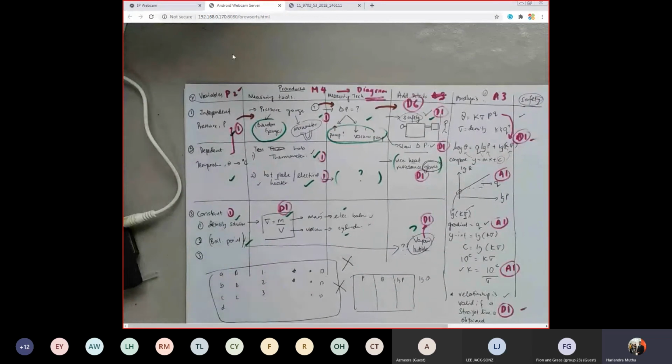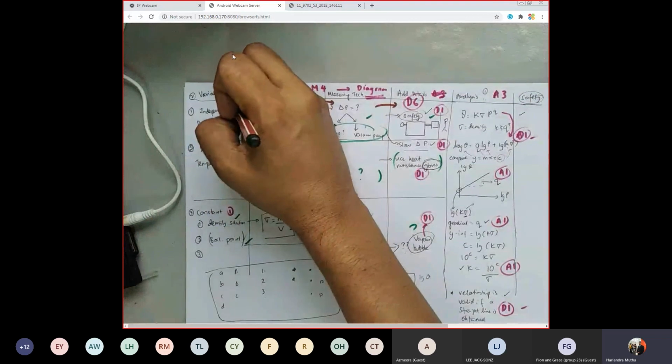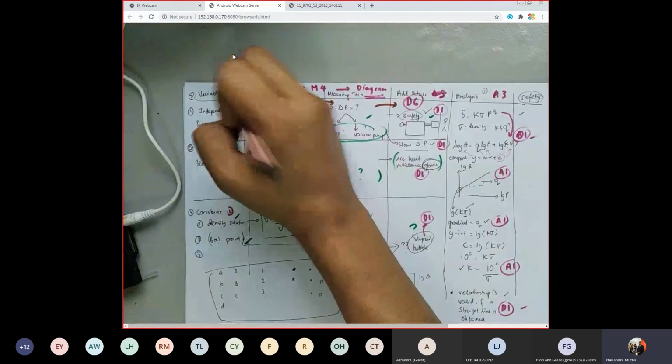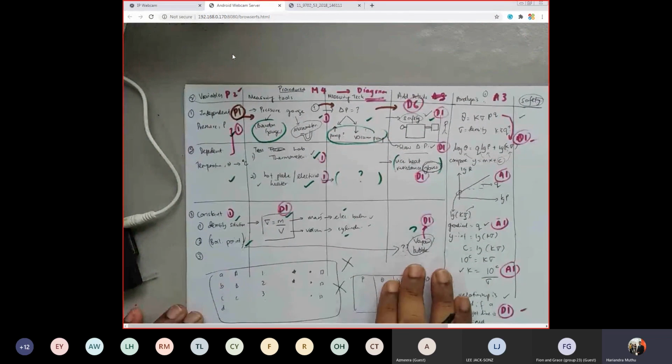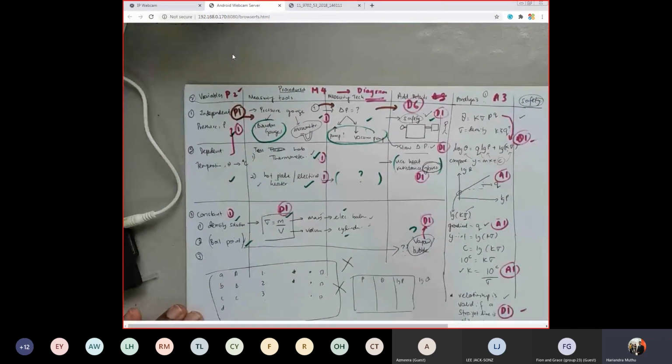They're going to read your sentence, and if that sentence is classified under, say, variable, for example, the independent variable is pressure P, the examiner is going to mark, oh, P1, like that. Okay, and somewhere along the line you say, all right, how do we know the salt solution is boiling?